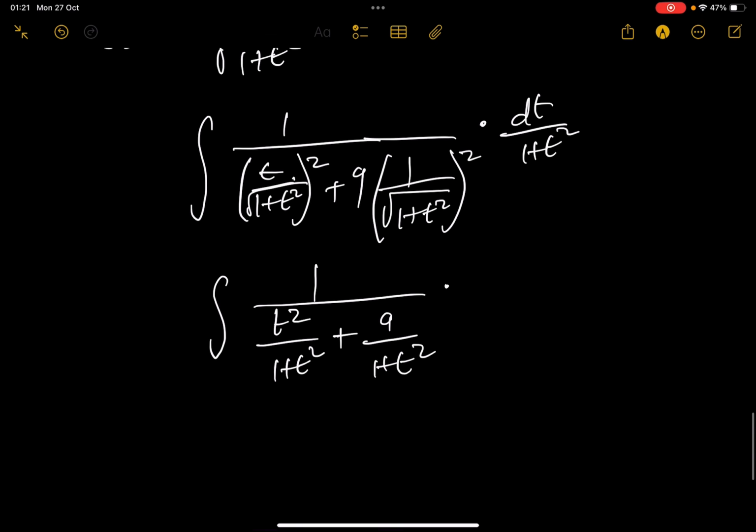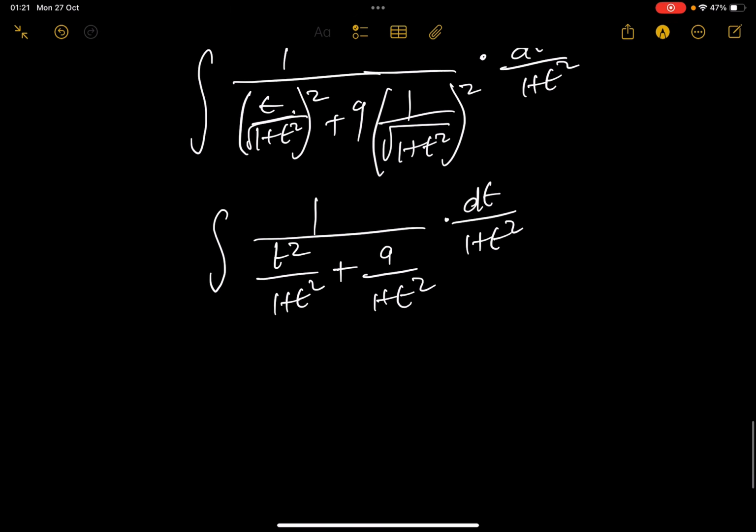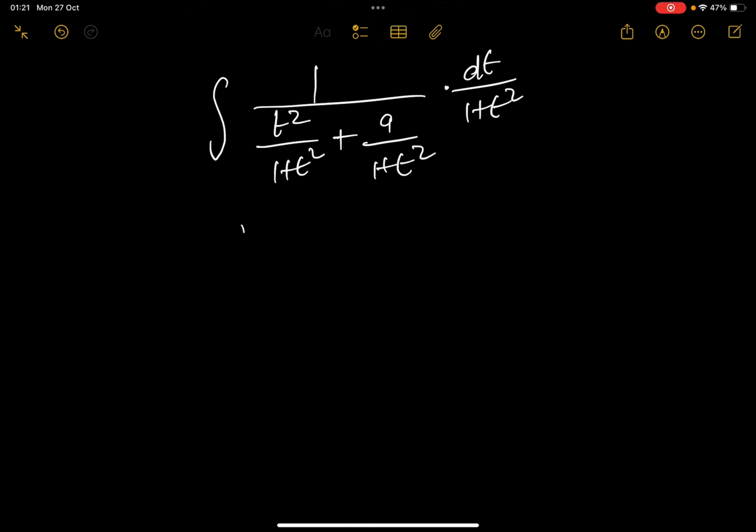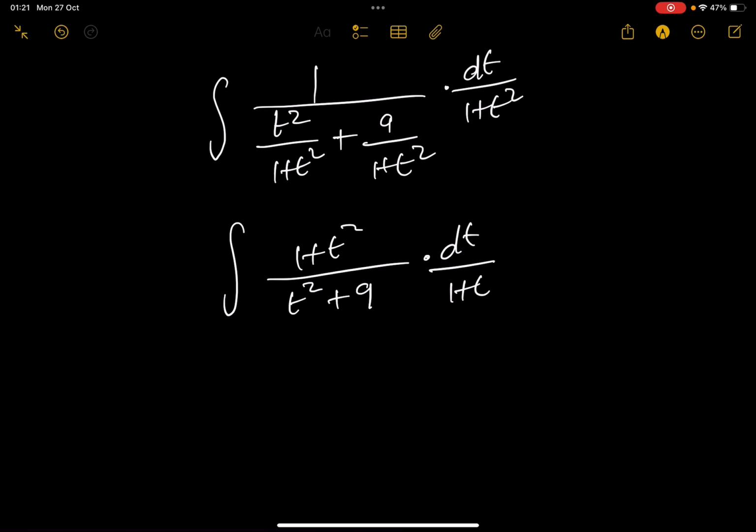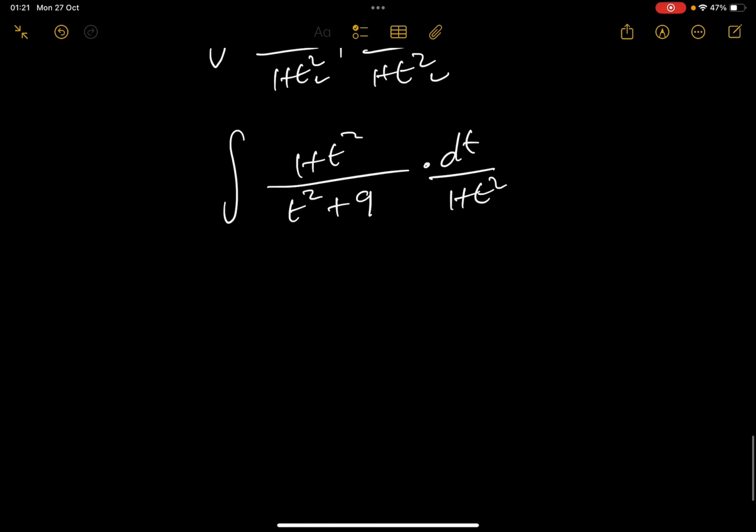This is dt over 1 plus t squared, and then the denominator is going to be 1 plus t squared over t squared plus 9 times dt over 1 plus t squared. Same denominator, you combine the function, and the denominator of a denominator becomes the numerator. That's what I did here, and then this is going to divide.